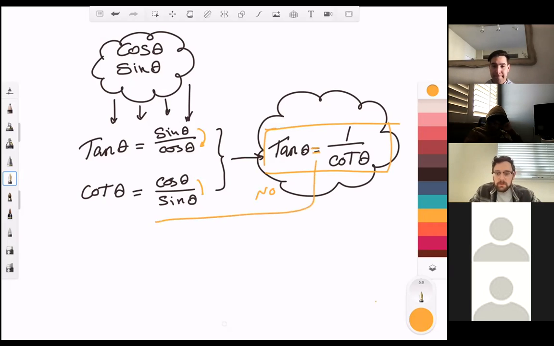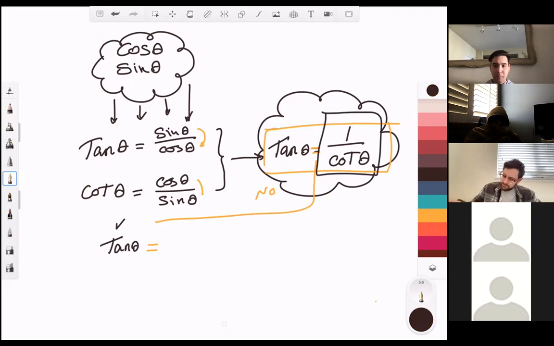So in order to prove, we have an equal sign. You need to just play with one side. You simplify one side. I'm going to keep the tangent of theta and simplify the other side, and hopefully I will get that side.